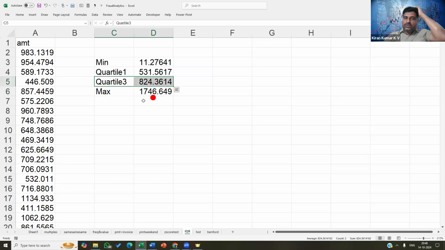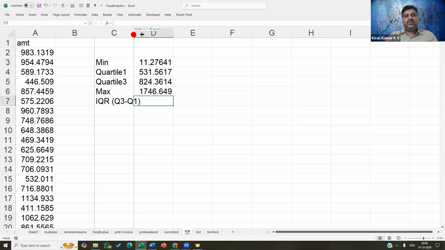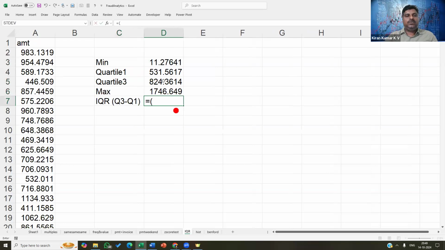You with me? So let's calculate the IQR for this. What is IQR? Interquartile range, which is nothing but Q3 minus Q1. This is the distance between Q3 and Q1. That means almost 50% of your data falls within this range.